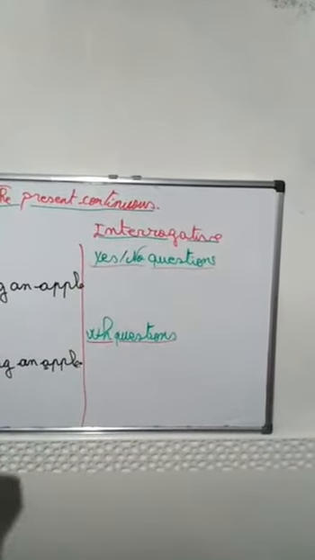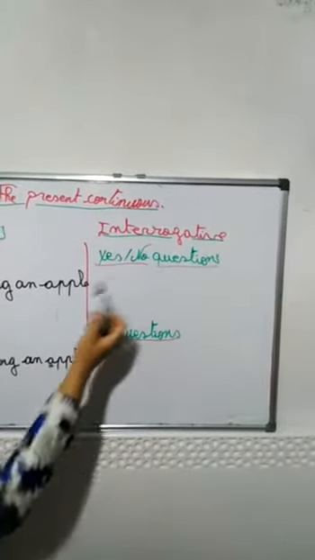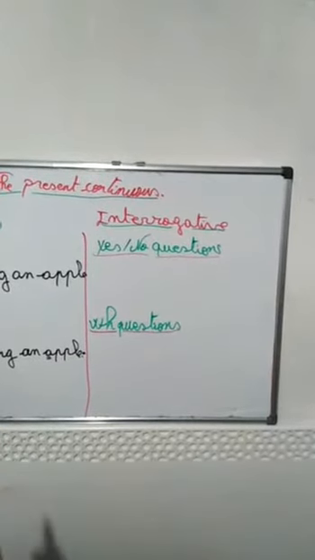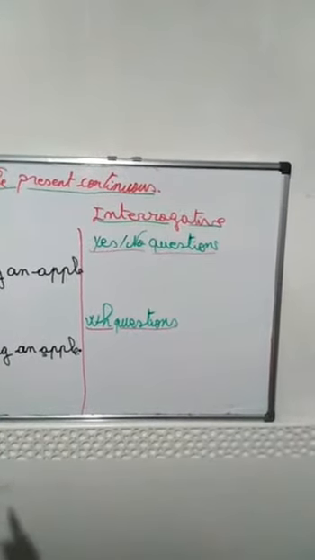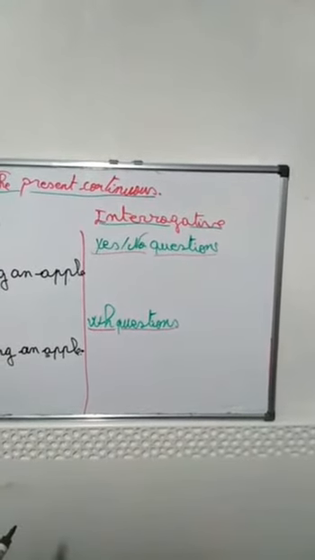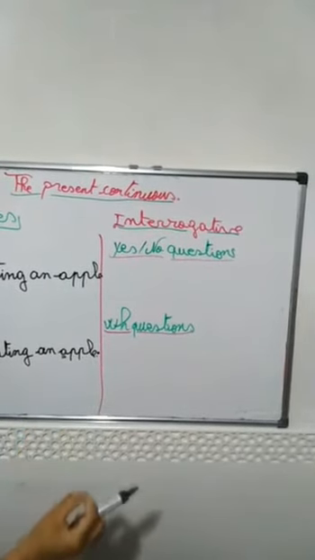Let's start with yes-no questions. As we explained before, yes-no questions are questions where we use just yes or no in the answer. I don't need a long sentence in the answer, but just a short answer that contains yes or no.